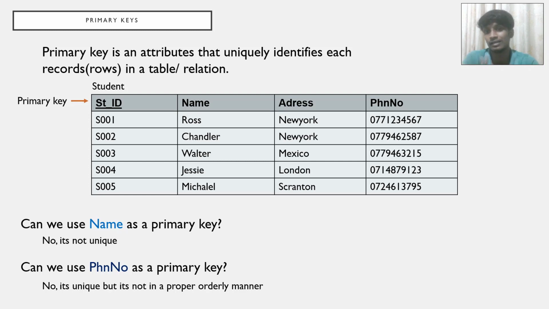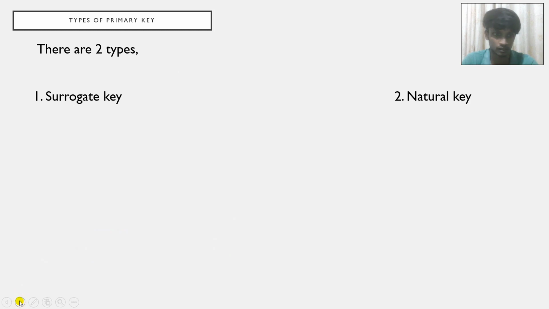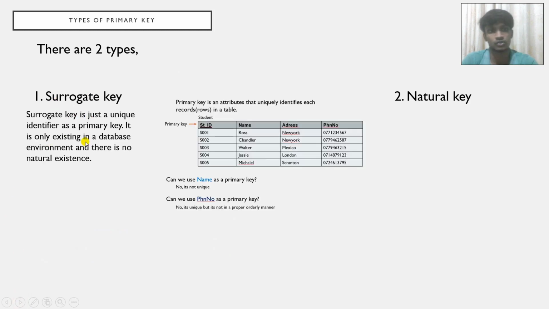So it is not good to initialize those kinds of attributes as primary keys. Okay, so let's move to our current slide. The surrogate key only exists in the database. There is no physical existence.